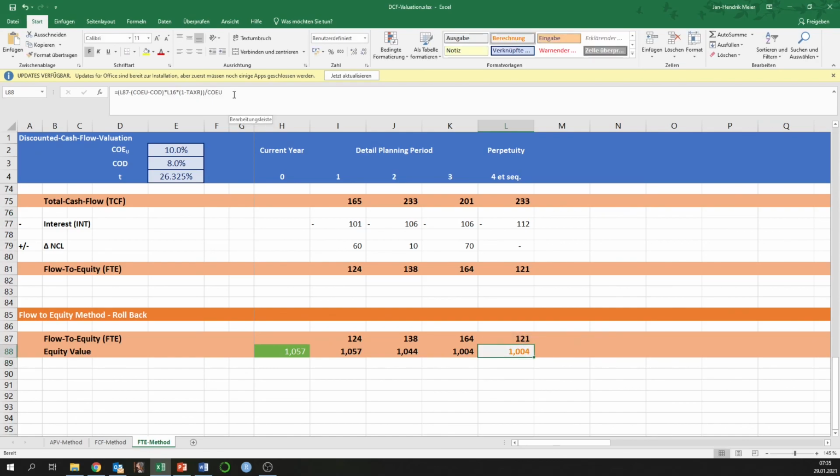That will give an equity value of 1004 in period 4, and adding both together and applying rollback, I just can show that these two are taken. Applying the rollback formula for the detailed planning period will discount both for one period, and applying the same formula several times will lead to the equity value as of the current year.